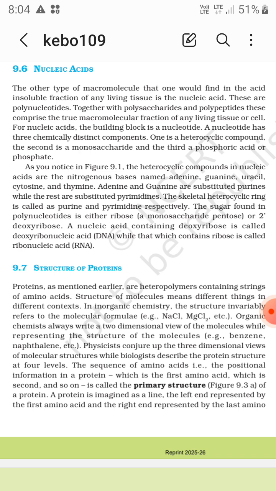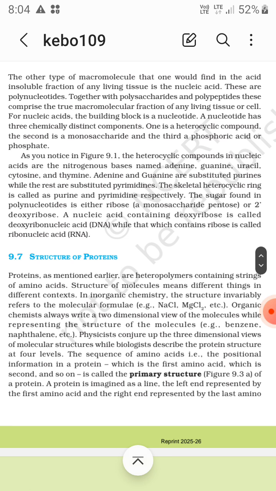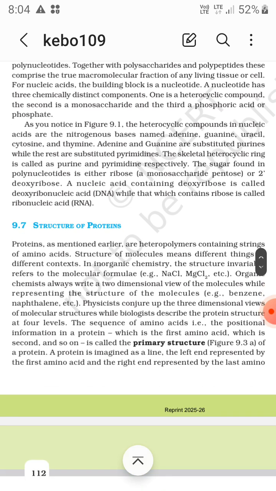The sugar found in polynucleotides is either ribose, a monosaccharide pentose, or 2-deoxyribose. So it's not glucose.